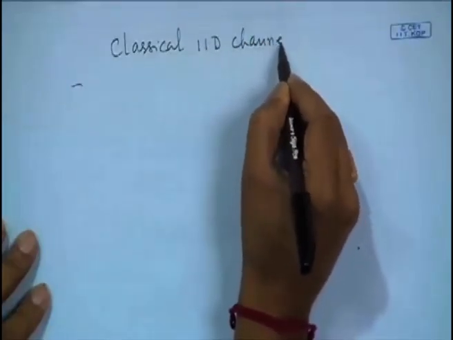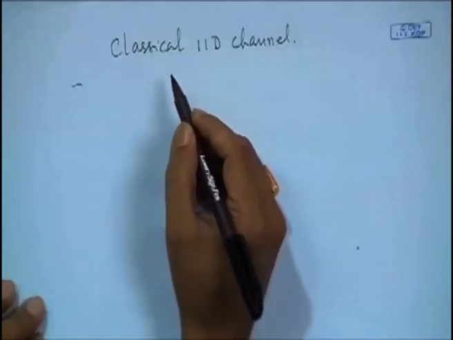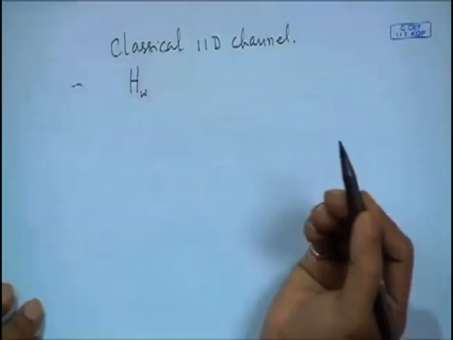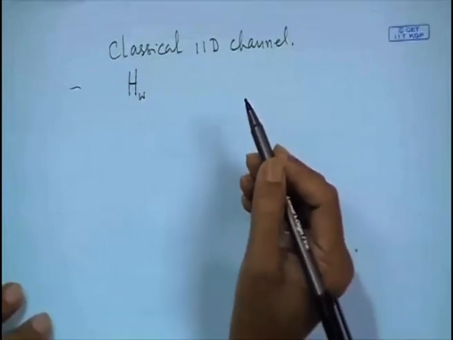This is one of the most important things that we have seen, and it's basically the H matrix, usually represented by HW, which means spatially white.